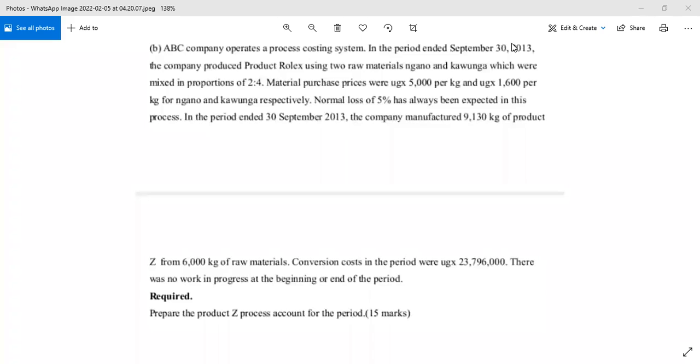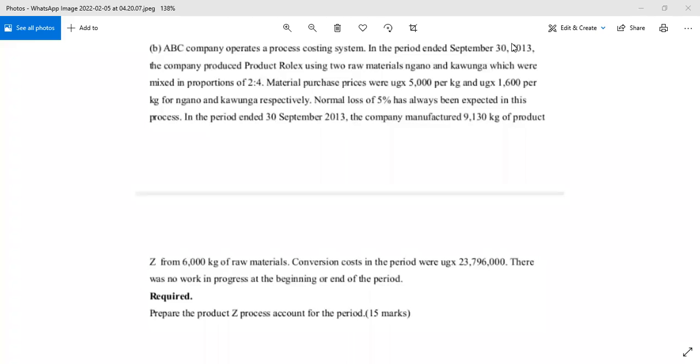Then they're saying material purchase prices were as follows: 5,000 per kilogram and 1,600 per kilogram for Ngano and Kaunga respectively. Meaning that Ngano, which comes first, will cost us 5,000, and Kaunga will cost us 1,600 for each unit.